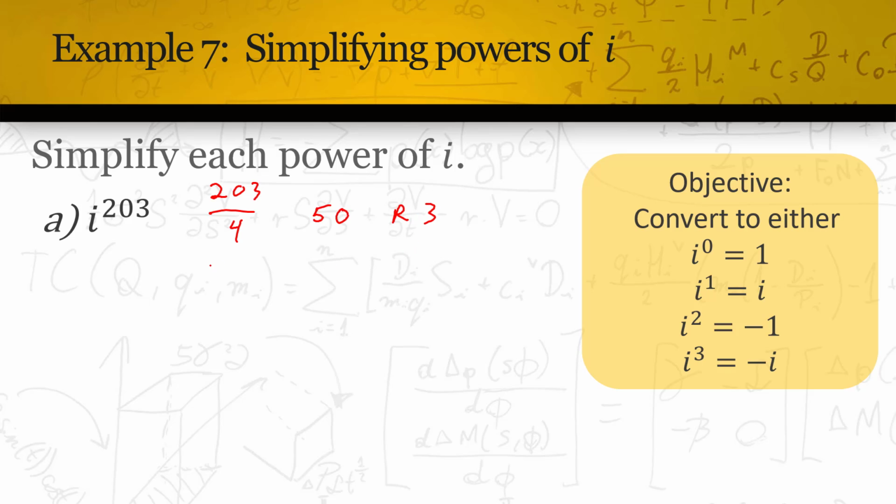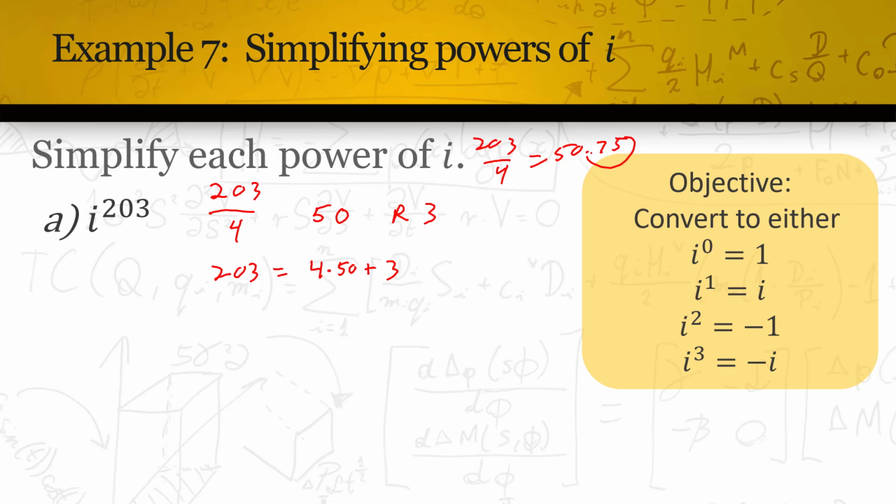Another way of looking at that is that 203 is equal to 4 times 50 plus 3. And another way of looking at this is if you used your calculator, you would do 203 divided by 4. That would give you 50.75.